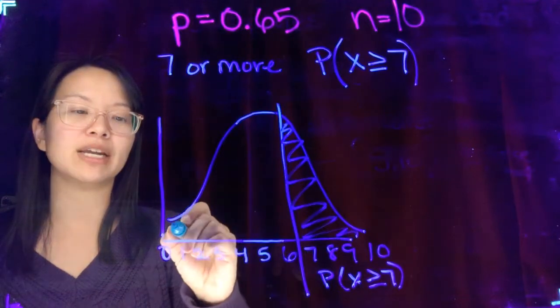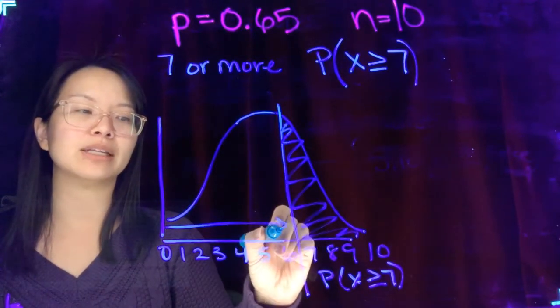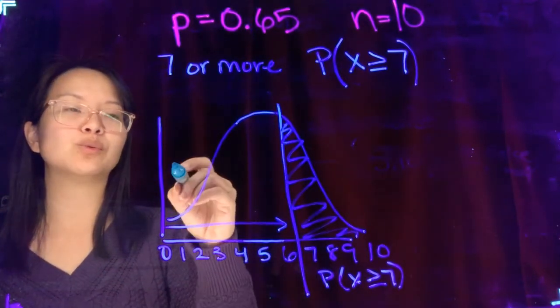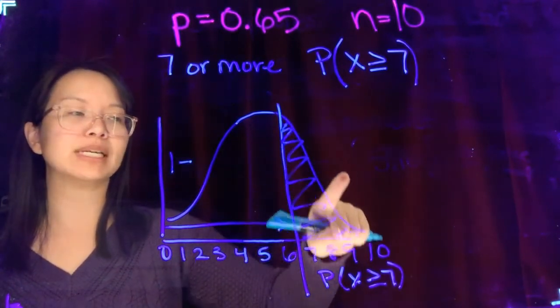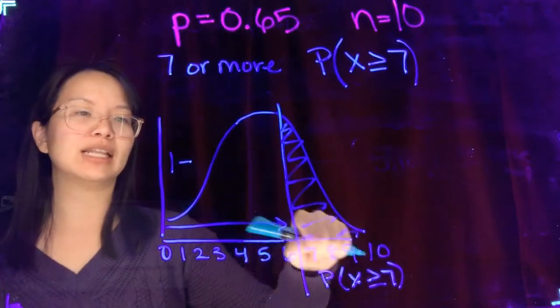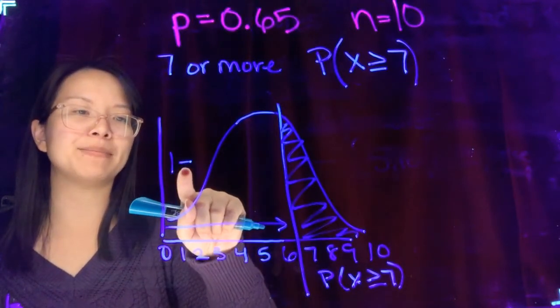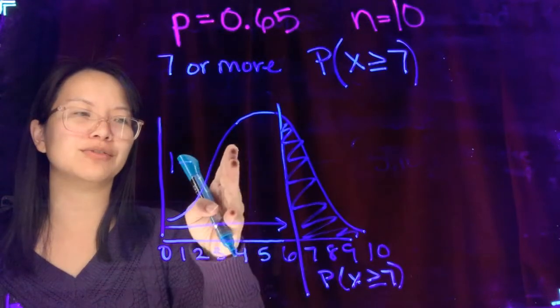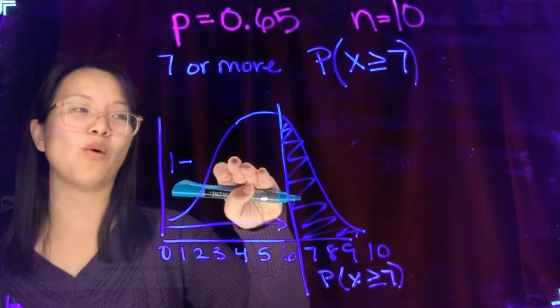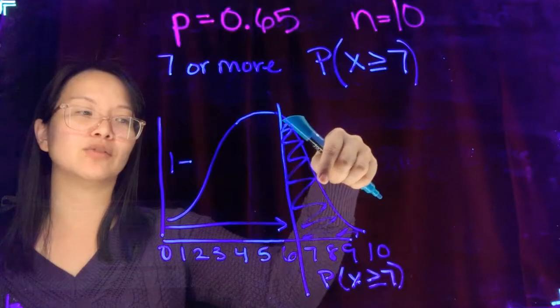It only knows how to read left to right. So we're going to have to do 1 minus, because 1 represents our entire curve. I like to visualize, here's 1 minus, I need to subtract this part right here. I've got to get rid of this left side in order to find the right side over here.